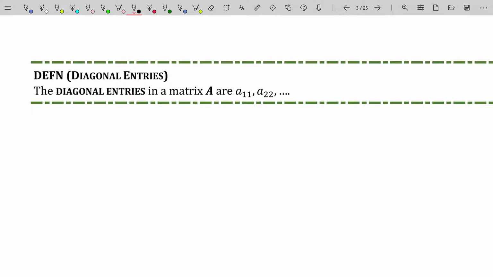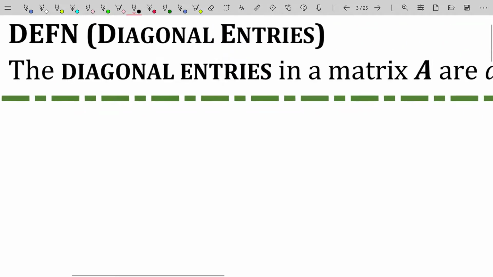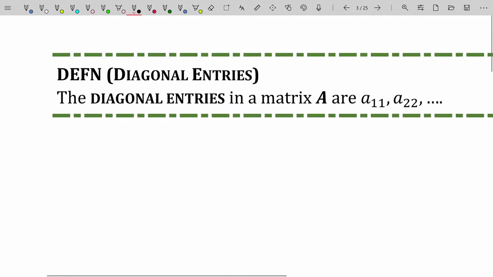The next thing we need to mention, and this ends up being very important, is the idea of a diagonal entry. Now, whether or not the matrix is square, that is, if it's, for example, 5 by 5 or 10 by 10, or it's non-square, something like what we just dealt with, a 3 by 4, we reserve the language diagonal entry for all the entries where the positions are equivalent in row and column.